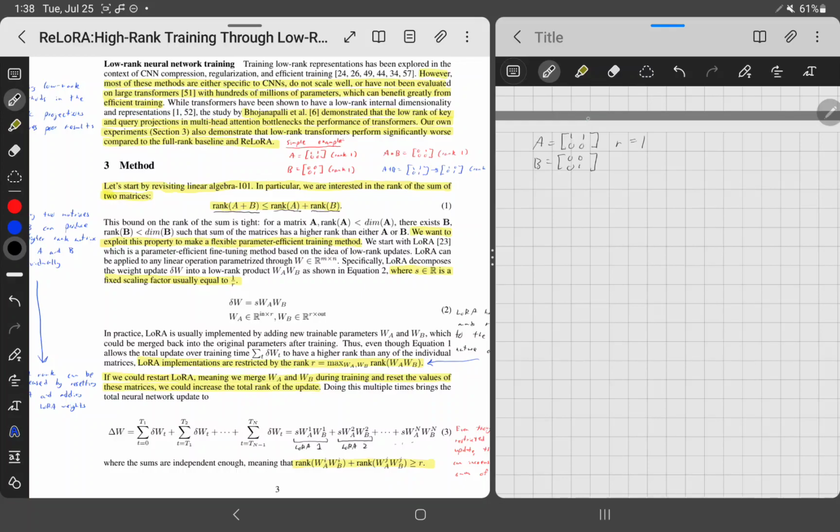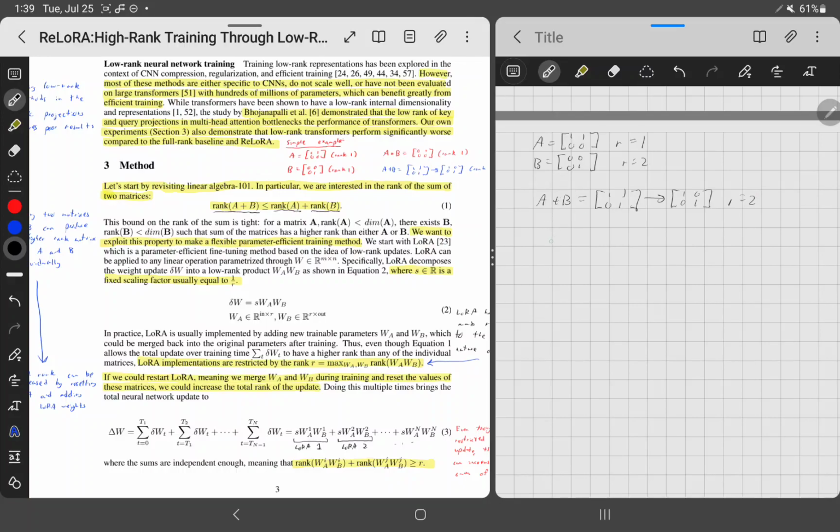Normal linear algebra, same thing with B. And whenever you add these together, you get the matrix [1, 1; 0, 1], which is basically [1, 0; 0, 1]. If we're just looking at the linearly independent vectors, that would be a rank of 2.